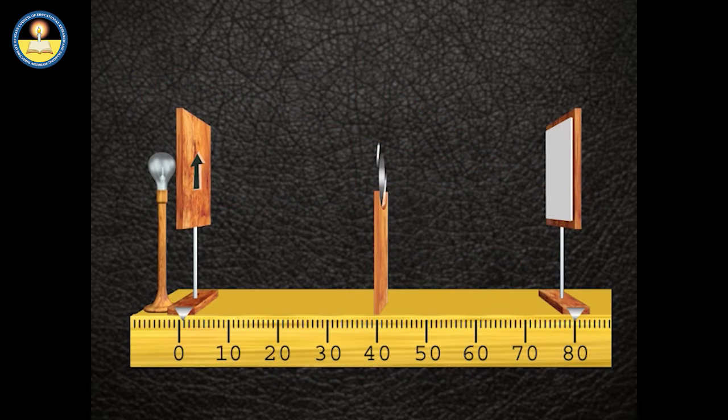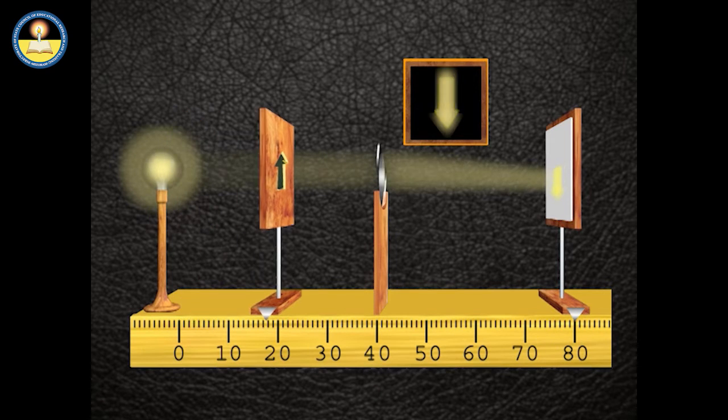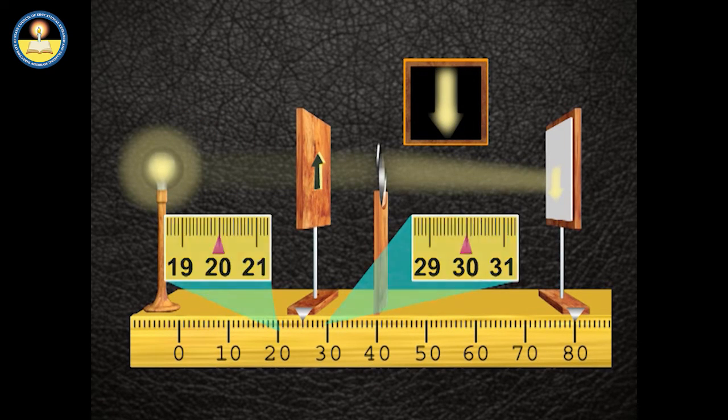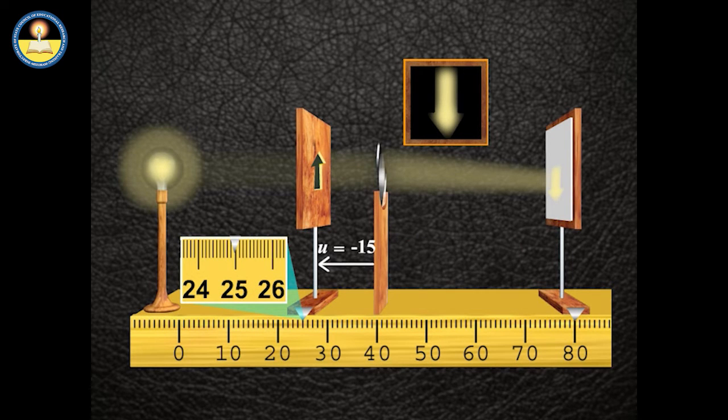Let's see an activity. Here we have a convex lens, an arrow-shaped slit that can be used as an object, and a white screen that can be used as an image when a clear image is obtained on the screen. Initially, the slit is 15 centimeters away from the lens.